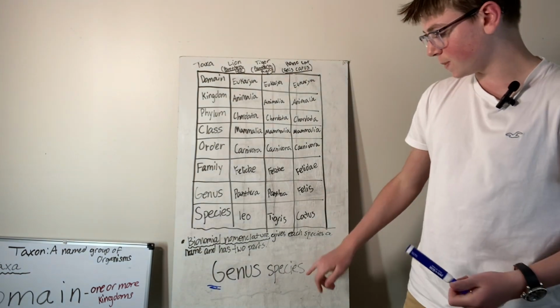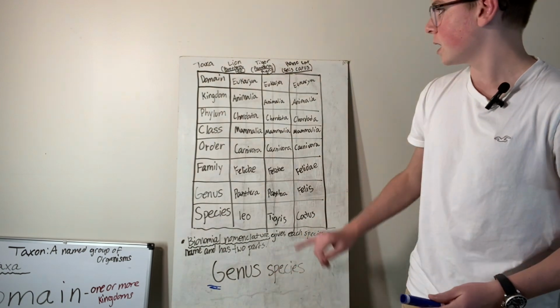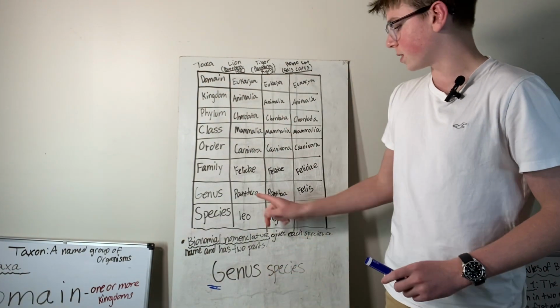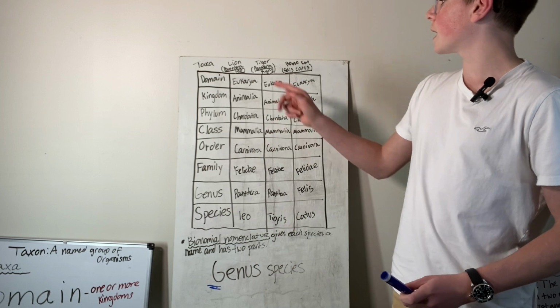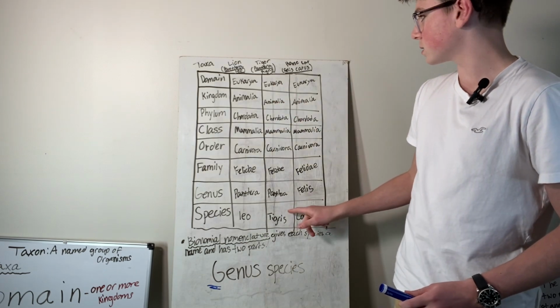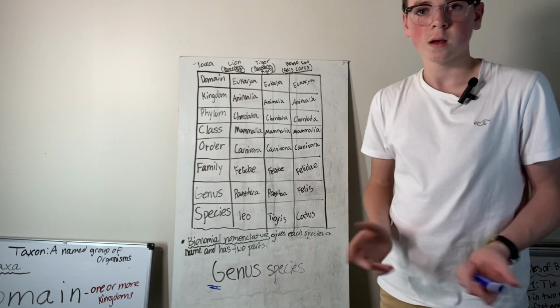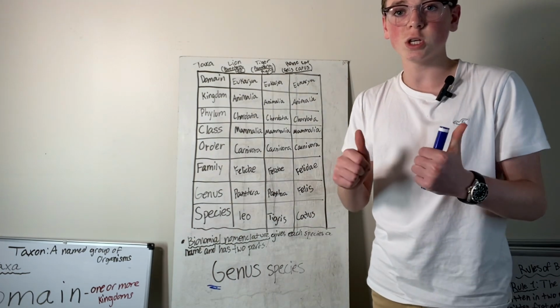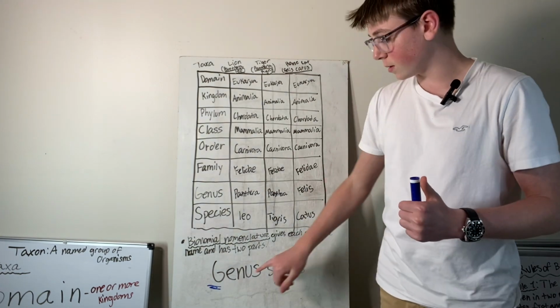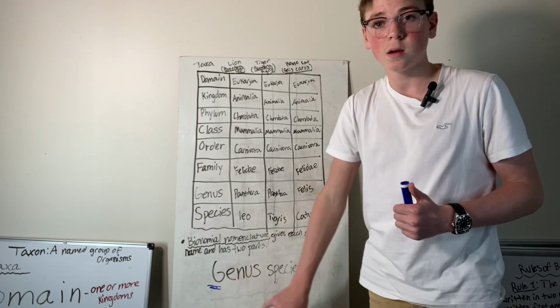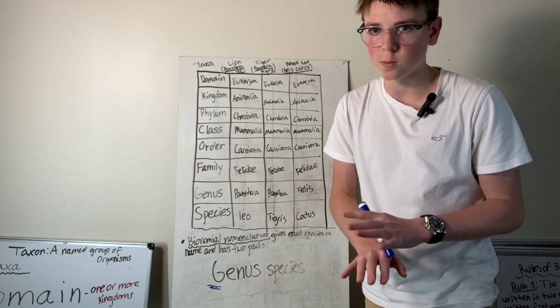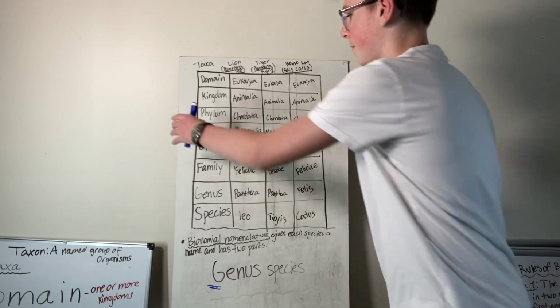Then, species. So genus, species. As you see here, lion, Panthera leo. Tiger, Panthera tigris. House cat, Felis catus. So genus, species. The first letter of the genus is capitalized. First letter of the species is lowercase. Do not capitalize that.